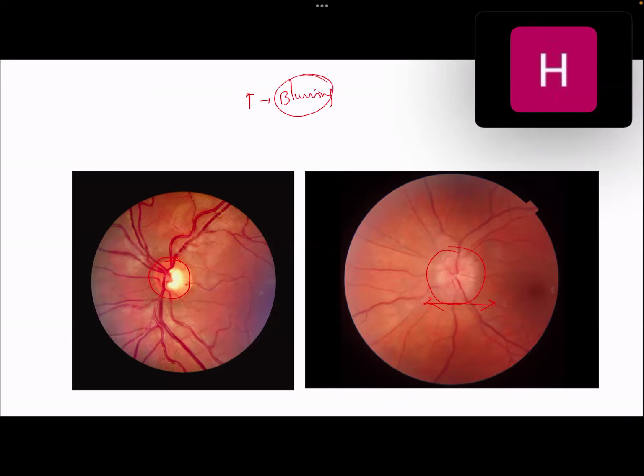Why is this blurring of vision happening? There is papilledema. Why is this papilledema happening? It is because of the raised intracranial pressure secondary to tumors. For PLAB 1, the most commonly asked question is tumors, tumors, and tumors. But I will tell you three most important scenarios where you will have to think of raised intracranial pressure.